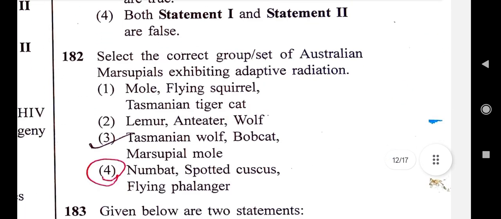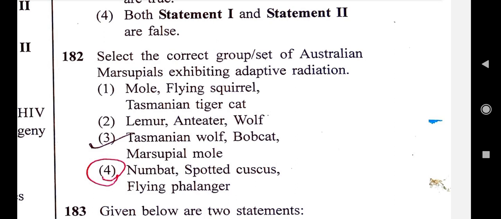Question number 182. Select the correct group set of Australian marsupials exhibiting adaptive radiations. Option 1 given, mole, flying squirrel, Tasmania tiger cat.